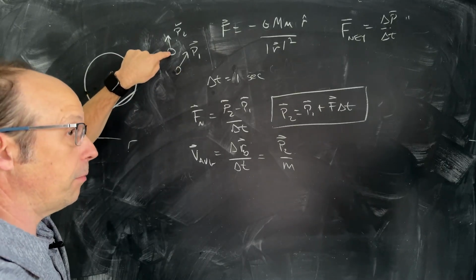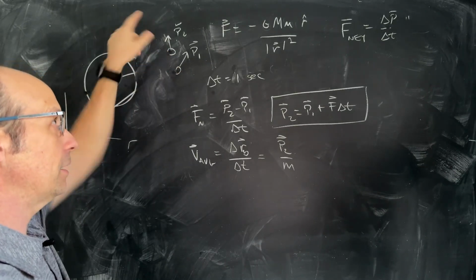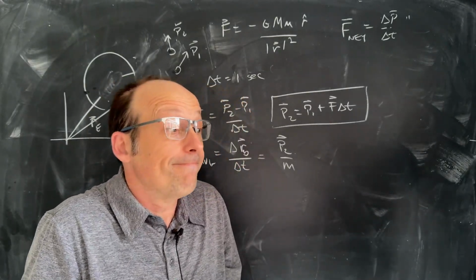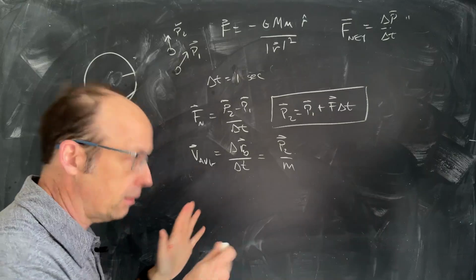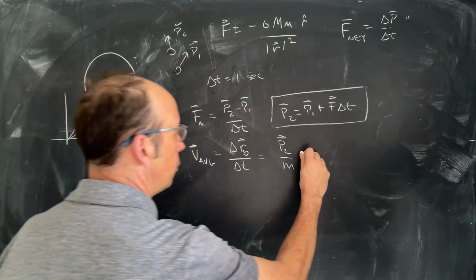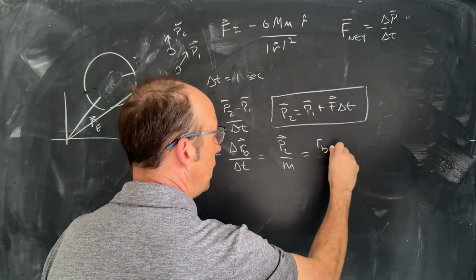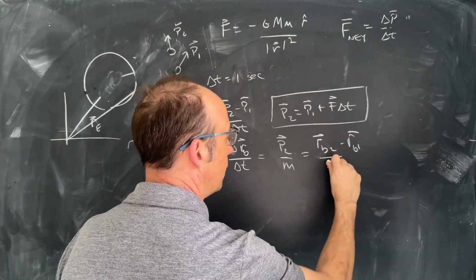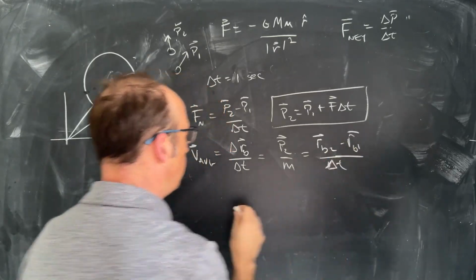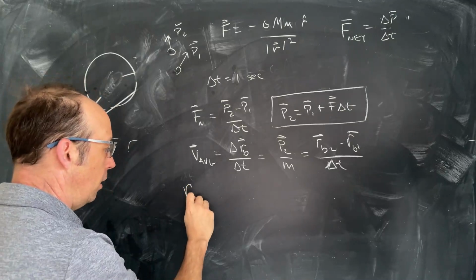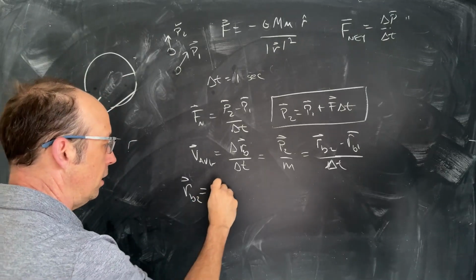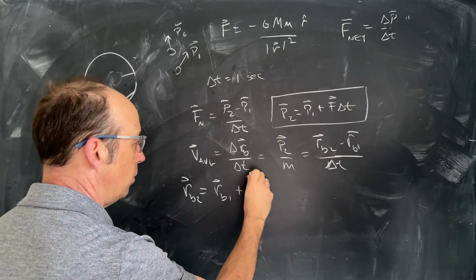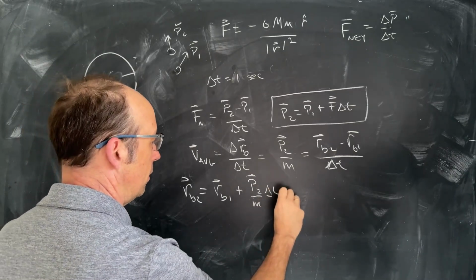We're finding that final momentum, and we're using that final momentum as though it was traveling at that momentum the whole time, which it's not. Okay, I know that. It's fine. So this is going to be equal to r_B2 minus r_B1 over delta t. So I can solve for this, and I get r_B2, the final position, is r_B1 plus p2 over m delta t.